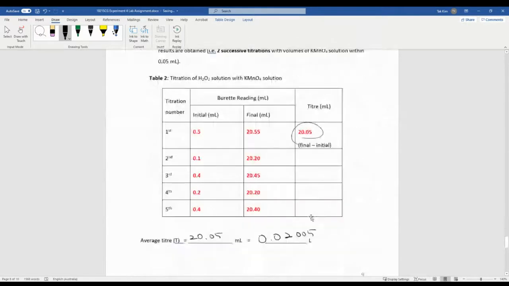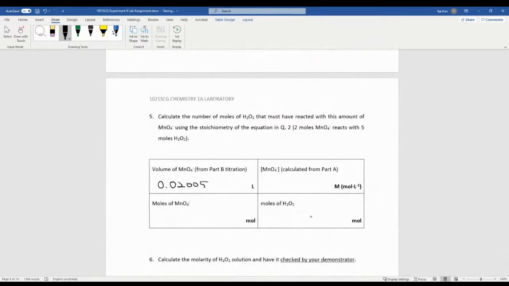Okay, it was this much. Now it is asking the number of moles of permanganate, and since we are dealing with solution, you need to use the solution chemistry formula. Concentration equals number of moles over the volume.